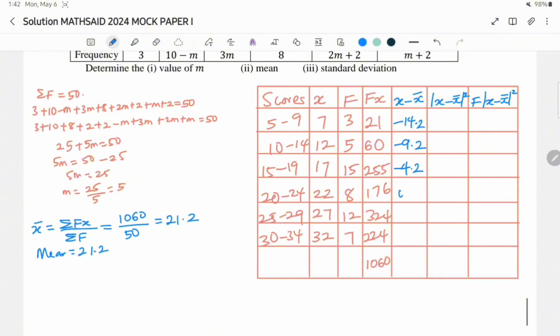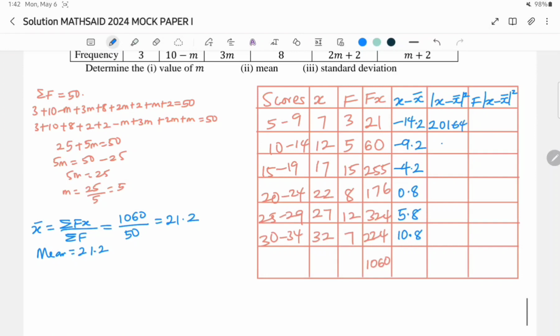The next one is 0.8. When you take away 21.2 from 22, and when you take away 21.2 from 27, you will get 5.8, and the last one is 10.8. Now, the square of each of those values, I'll also be fast about this.